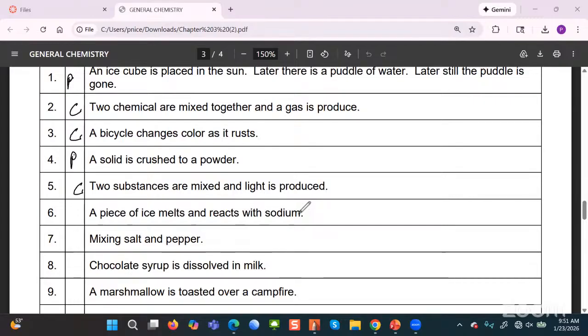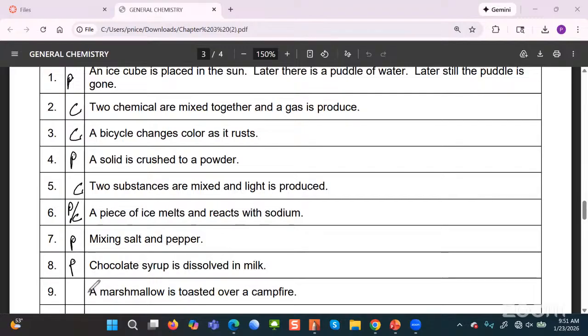Okay, a piece of ice melts and reacts with sodium. Well, there are 2 changes. Firstly, the ice melts, which is what? Physical. And then when it reacts with sodium, chemical. All right, so that's a combination right here. Okay, number 7, mixing salt and pepper. Physical. Chocolate syrup dissolved in milk.